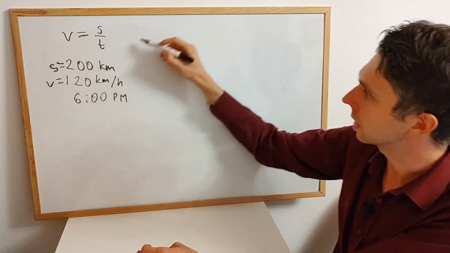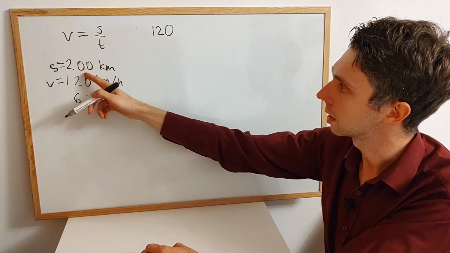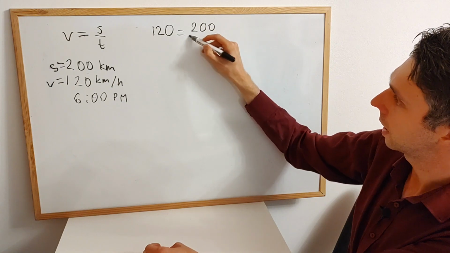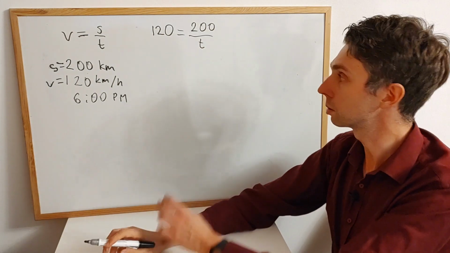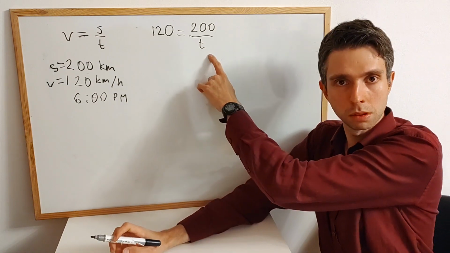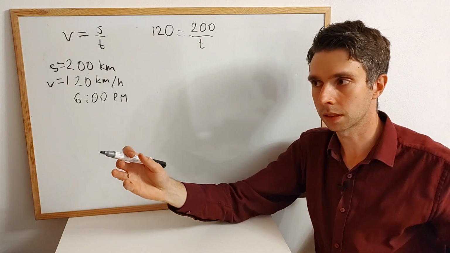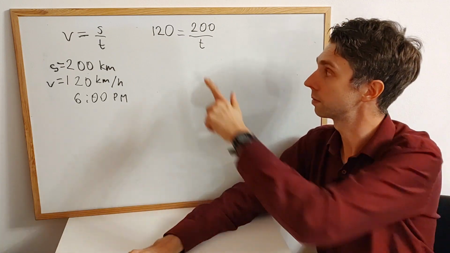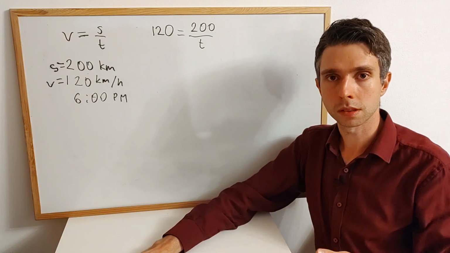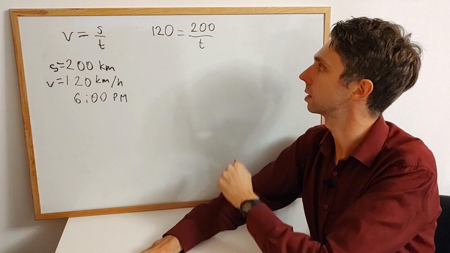So V is 120, S distance is 200, and T is unknown, so you keep just T. Because you need to calculate the expected time of your travel in order to calculate what time you should depart from your place to be on time.